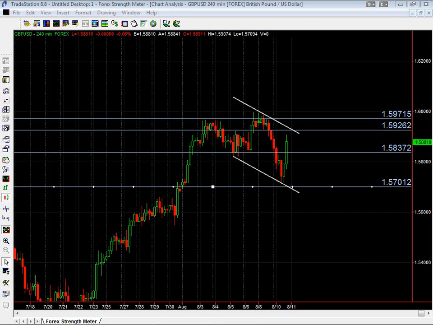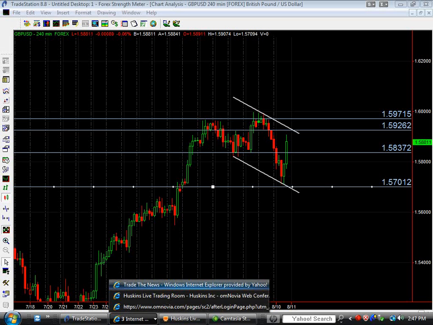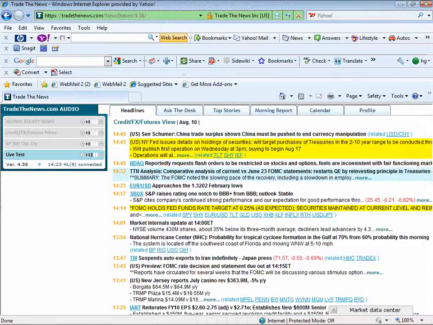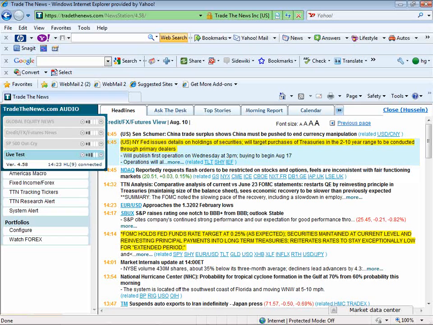Number one, I checked the trade the news to see whether there is some groundbreaking, shattering news which would affect the GBP and the USD, or which will change the market dynamic.